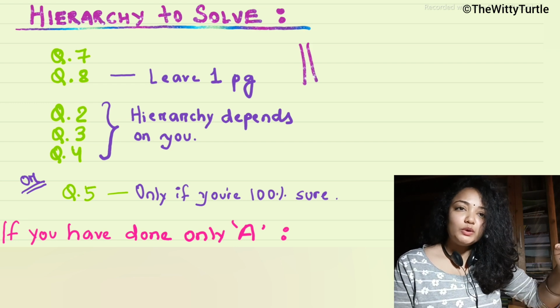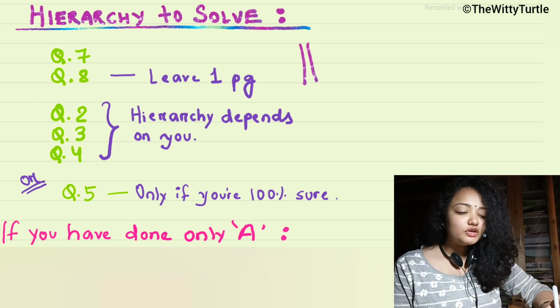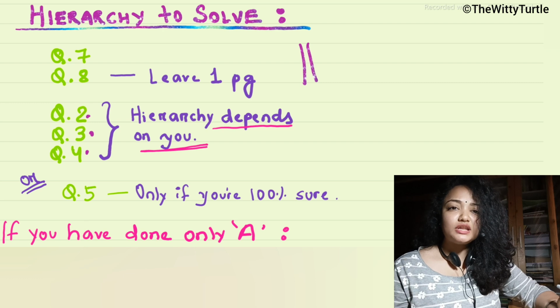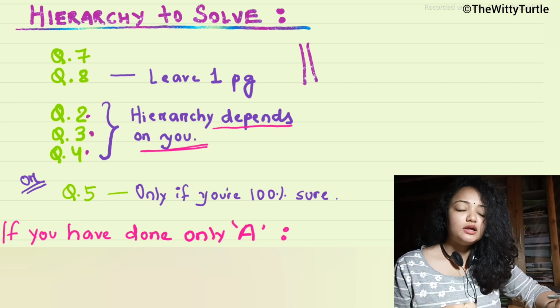Now, after solving question 7 and 8, you have to go for question number 2, 3, and 4, right? And what should be the hierarchy for solving these three questions? That is completely your lookout, because it depends on which question has come and which Ind AS you did well.